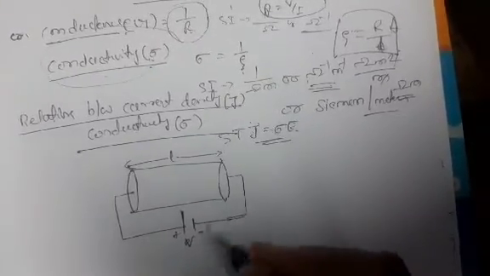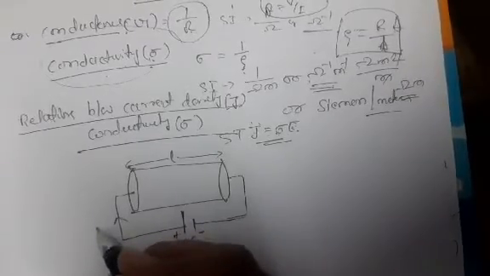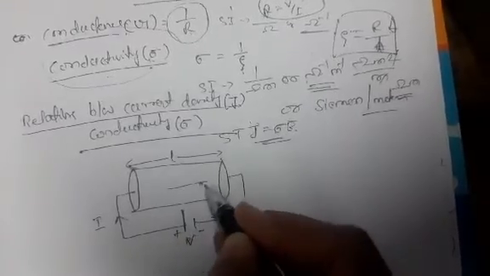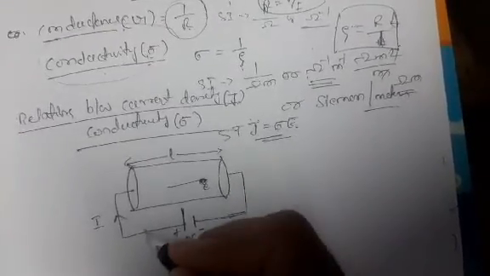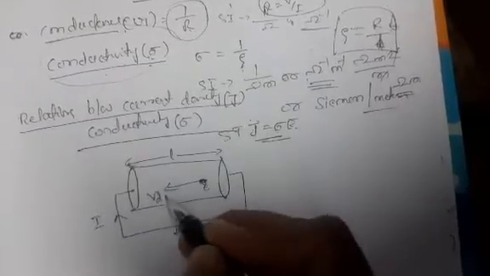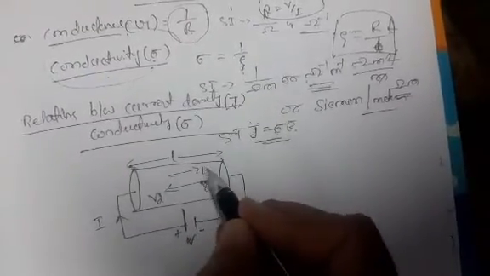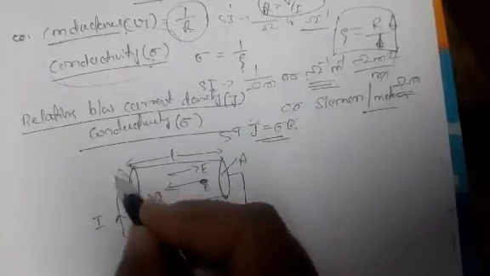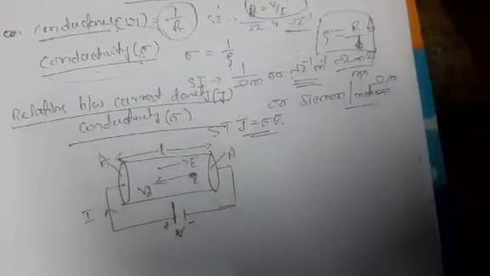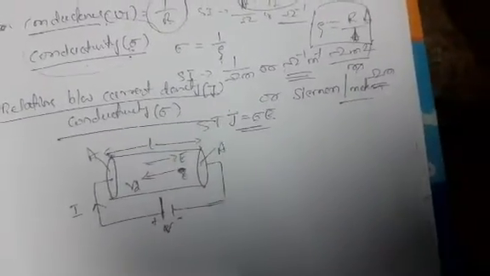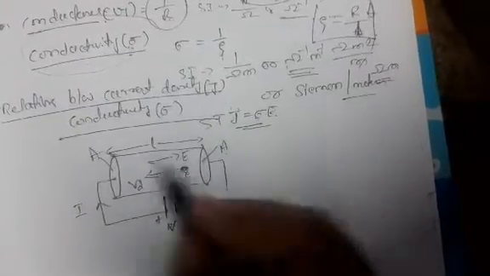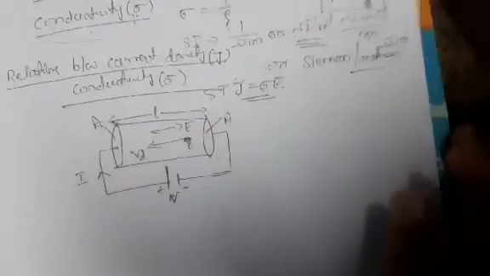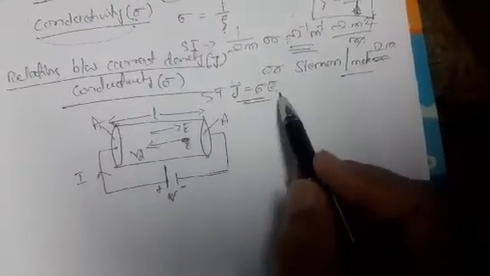The current flowing through the conductor is capital I, in the presence of electric field E. The electron drifts with velocity vd. The area of cross section at each end of the conductor is capital A. What is the relation between current density and electric field?